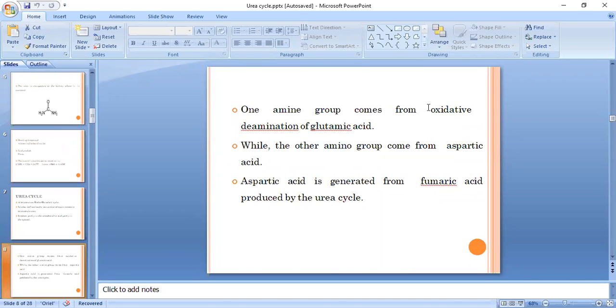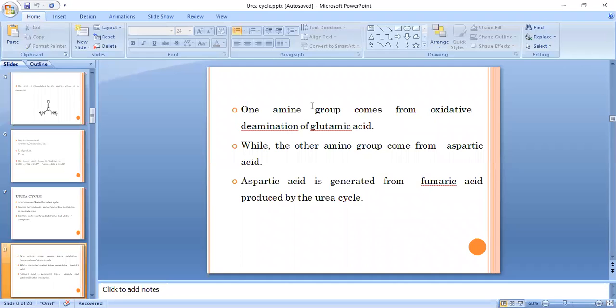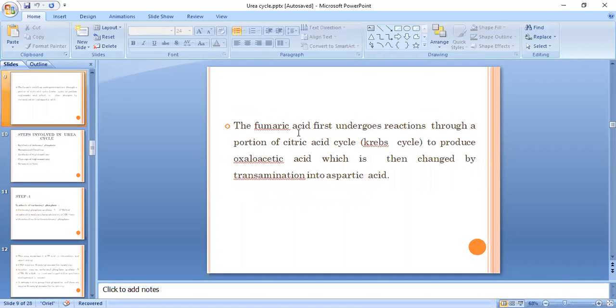One amino group comes from the deamination of glutamic acid, that is, the nitrogen group in glutamic acid is removed by oxidation, known as oxidative deamination, and that amino group is attached here. The other amino group comes from aspartic acid. This aspartic acid is generally obtained from the fumaric acid produced by the urea cycle.